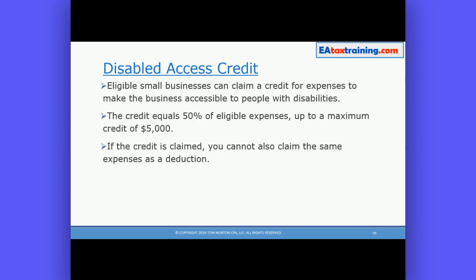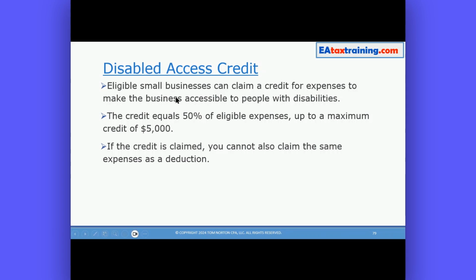But then after that, I'm going to just deduct the expenses instead and create lower tax or net operating loss. And that's fine. You can do that if you would like to do it. So you can look and see which way gives you the better answer, but you can't do both. You can't both deduct them and take the credit for those same expenses.